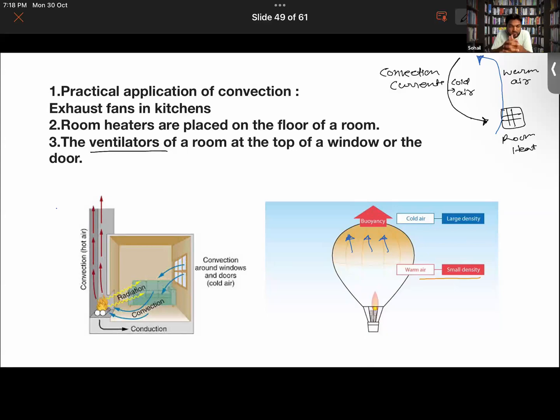At the top of the roofs, because if the air goes inside the room, it gets hot. It gets hot, air rises up and flows through these ventilators, and thus cool air comes in.